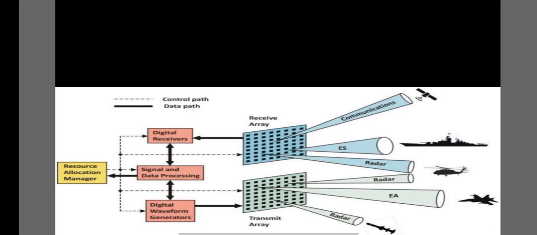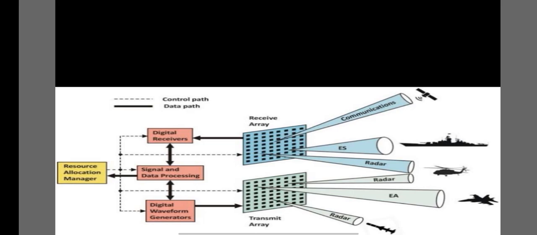The control path and data path: we can see the control path as the dotted line, whereas the data path is a dark line. The transmit array and receive array are always in a consistent process where the communication would not be damaged.